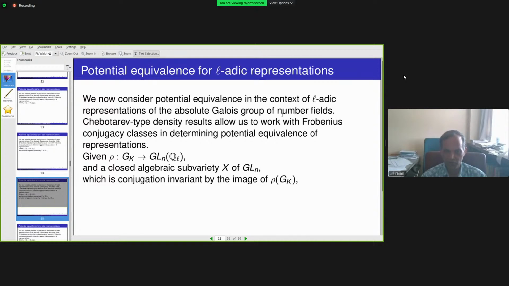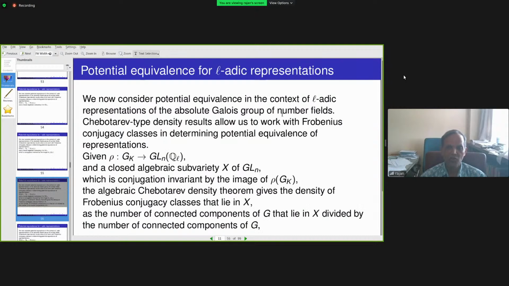So I'm taking something which is invariant under the image of rho of G_K, and I'm looking at a closed subvariety. Then the algebraic Chebotarev density theorem, due to Serre, gives the density of Frobenius conjugacy classes that lie in X. I'm of course assuming the representation rho is unramified outside S. It is a rational number, nothing is missing.